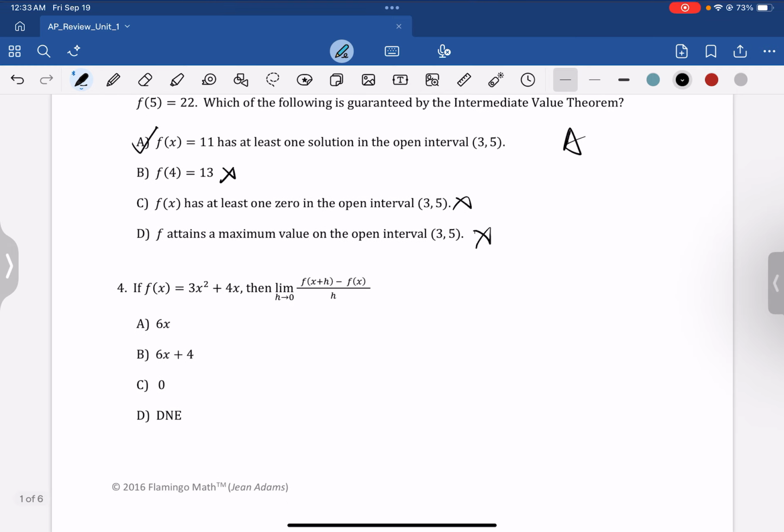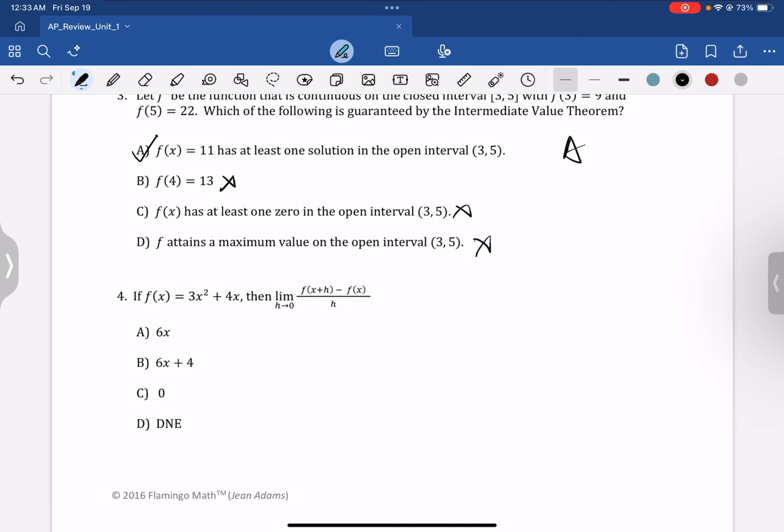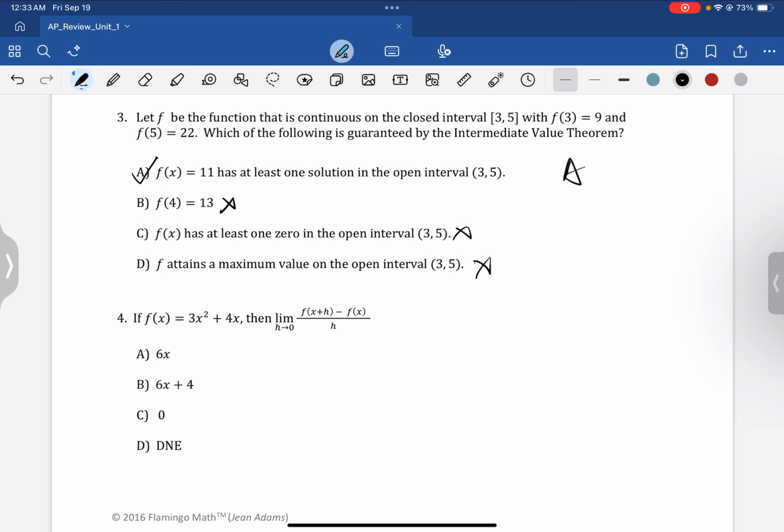Our next one. So this one is actually an average rate of change. I mean, not average rate of change, it's the instantaneous rate of change for f of x equals 3x squared plus 4x. So I'm going to do it as usual.